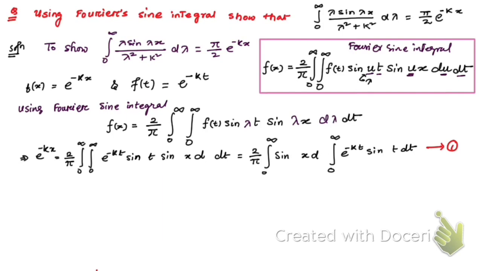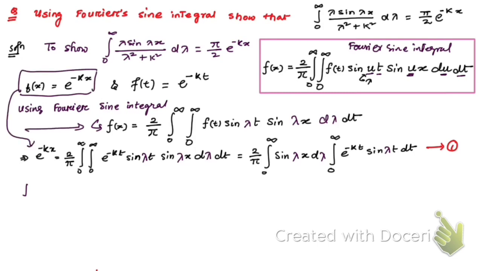So this is lambda x d lambda, here also lambda, lambda and lambda. According to the Fourier sine integral, f of x is equal to this one, and f of x we have considered this, which is written here instead of f of x, right? And instead of u, we have put lambda here. Okay, so hope you have understood this.